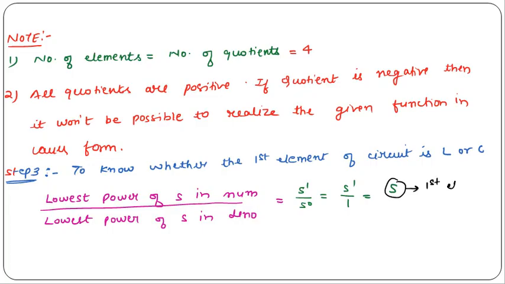Because if you are getting a constant term, then a resistor will come. If you are getting s, then inductor will come, and if you are getting 1 by s, then capacitor will come. So here we are getting s, it means your first element will be inductor, and if it is inductor, the capacitor value will be 0.